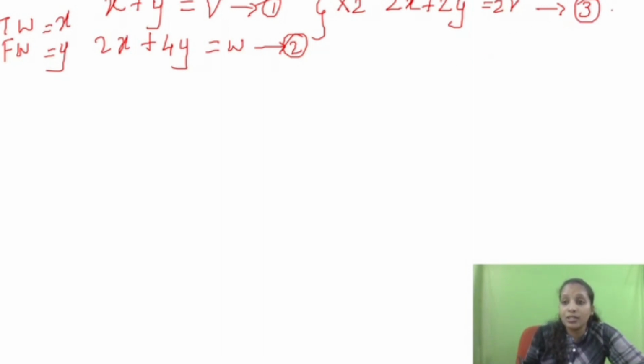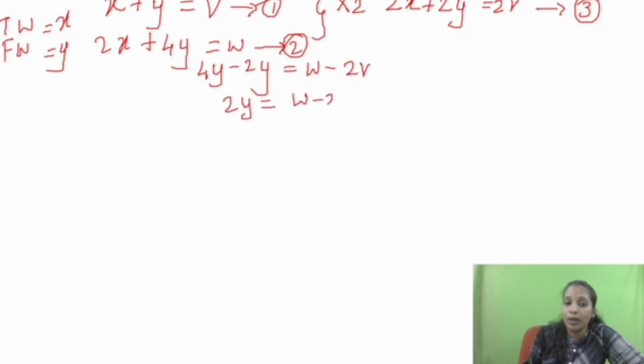Subtracting equation 3 from 2, we will get 2x cancelled in the equation. 4y minus 2y is equal to w minus 2v. Right? So here it will be 2y equals w minus 2v. So y will be nothing but (w minus 2v) divided by 2.